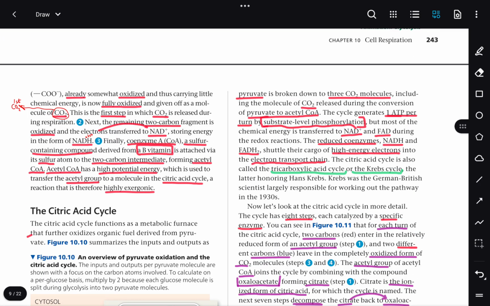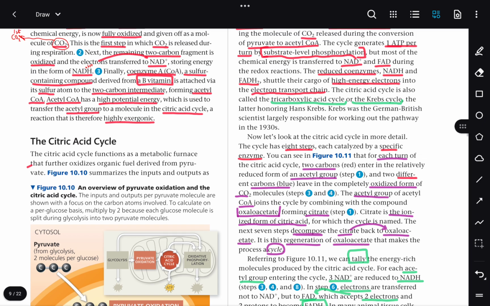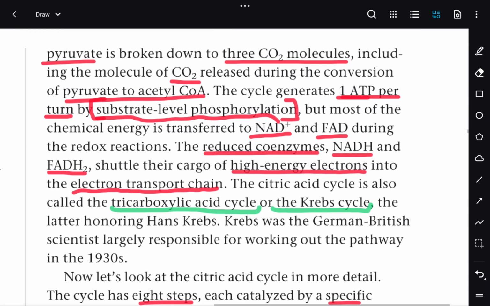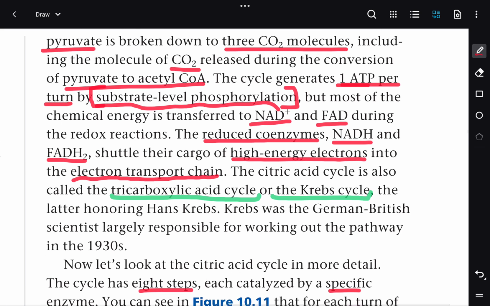That's all of it. Now, this is a couple of ideas to grab from the text regarding the citric cycle.